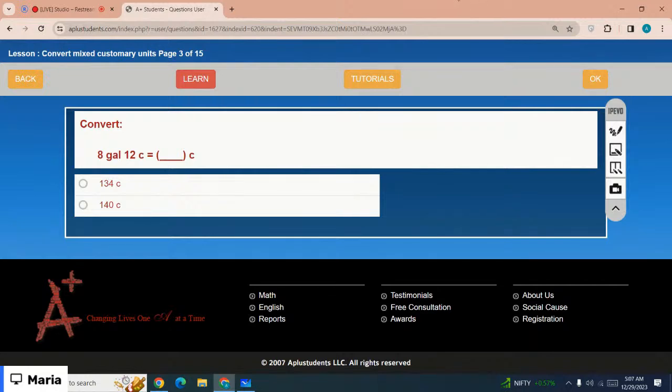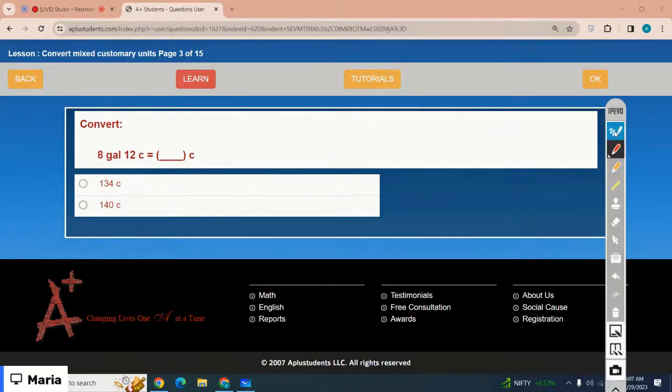Okay, the next one is 8 gallons and 12 cups. You have to convert from gallons to cups. So 1 gallon equals 16 cups.